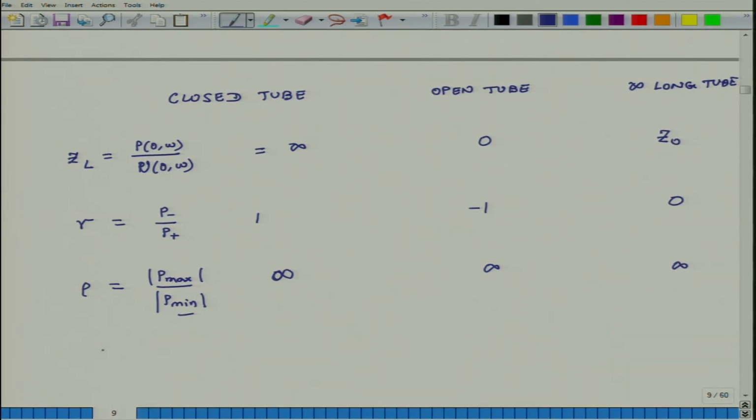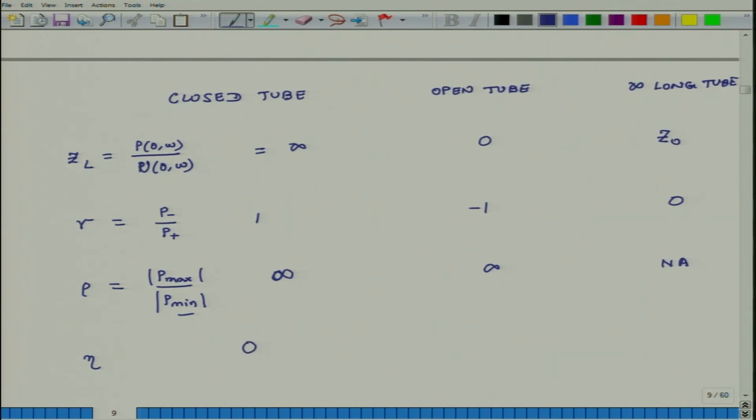And finally, strictly speaking, the standing wave ratio is not applicable, because there is no standing wave in an infinitely long tube, it just keeps on travelling. And the phase of gamma is 0 in a closed tube.